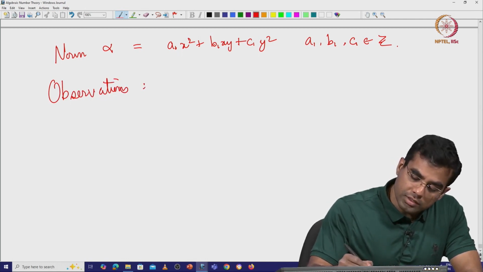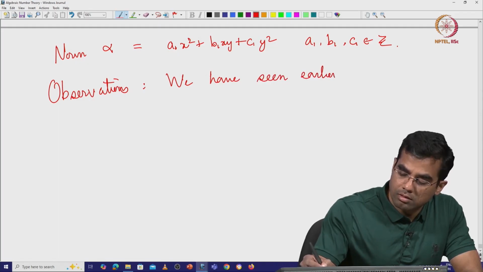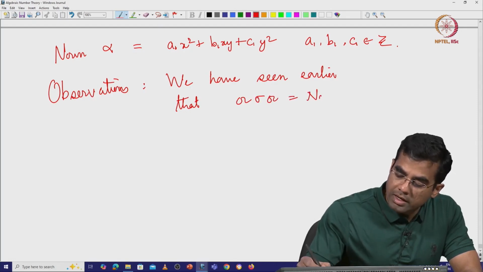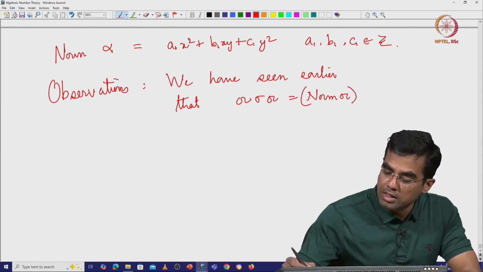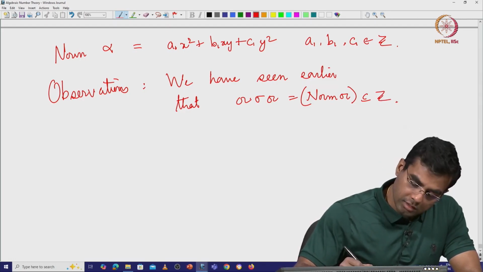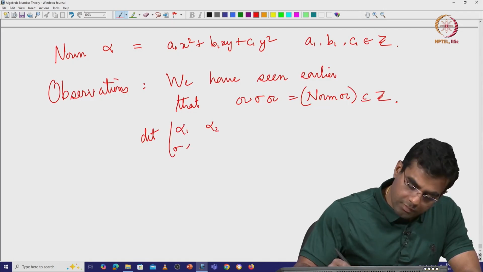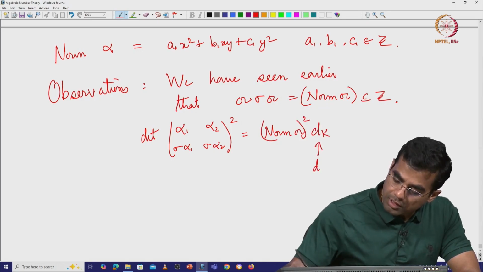We have proven earlier that A times sigma A is the ideal generated by the norm of A inside of Z. And if we look at the determinant of alpha 1, alpha 2, sigma alpha 1, sigma alpha 2 squared, then this is equal to the norm of A squared times the discriminant.